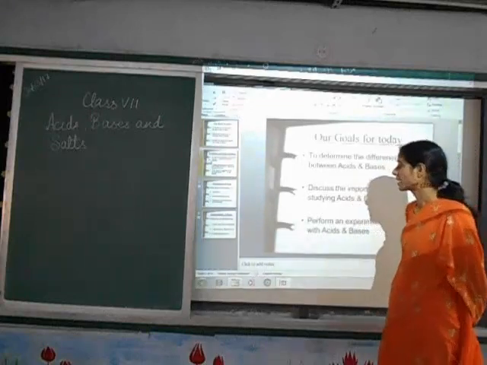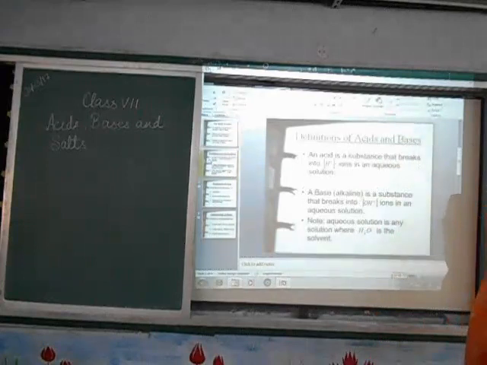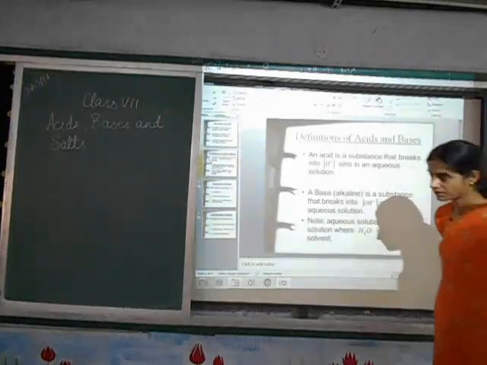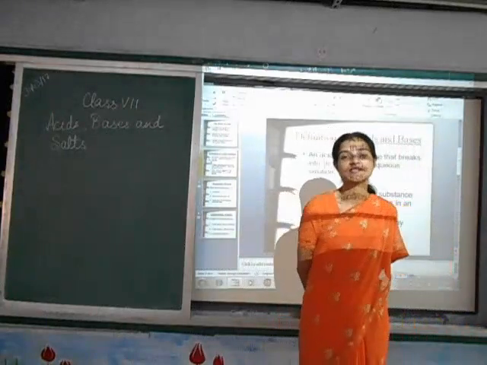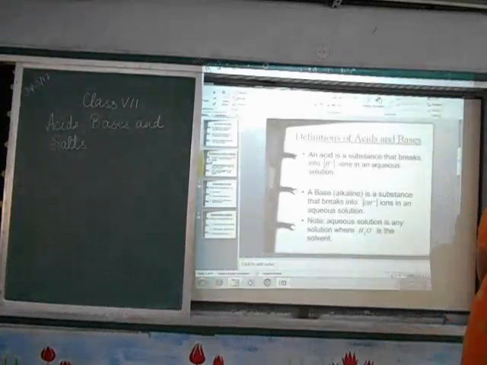Similarly, bases have their own importance in our day-to-day lives. Bases are the substances which are bitter in taste, if we talk in terms of taste. If we talk in terms of ionization, bases are the substances which yield hydroxyl ions in solution.